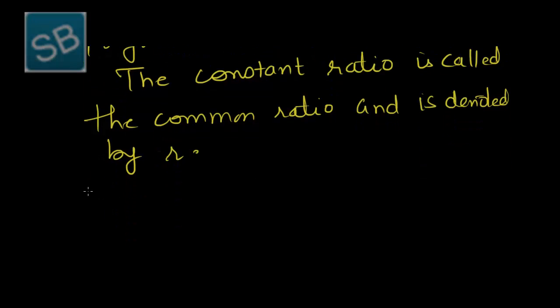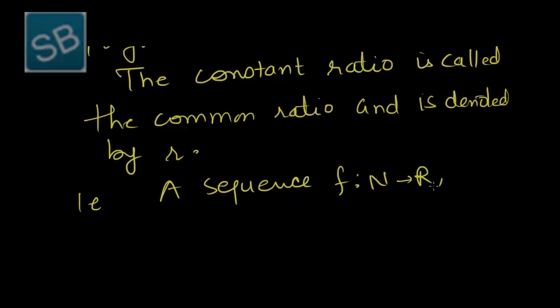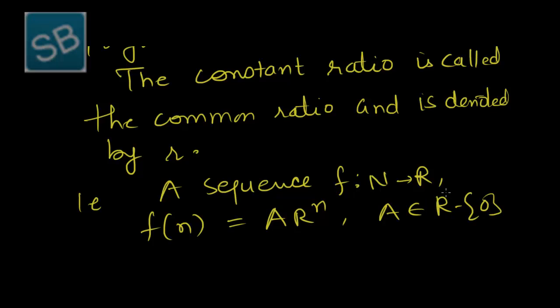Or in other words, we can write a sequence f from n to R such that f of n is equal to a r raised to power n, where a belongs to R minus {0}, that is a is not equal to 0. Sorry, here r is not capital, r is small.